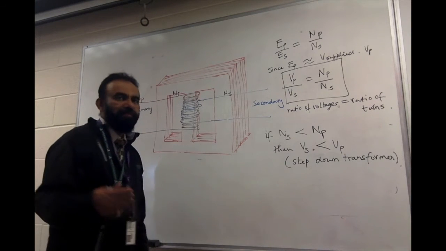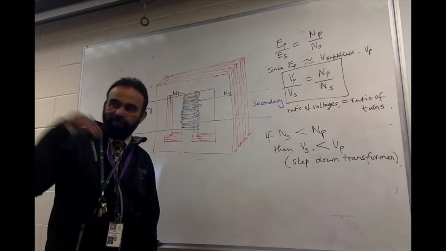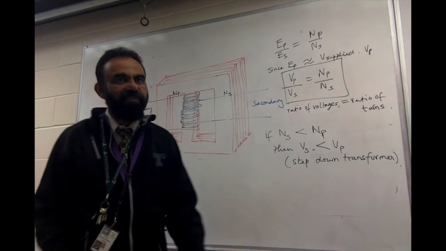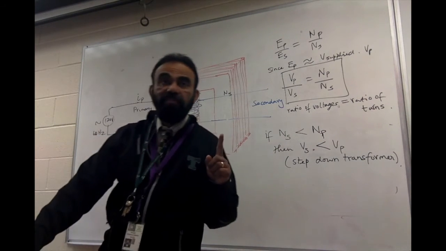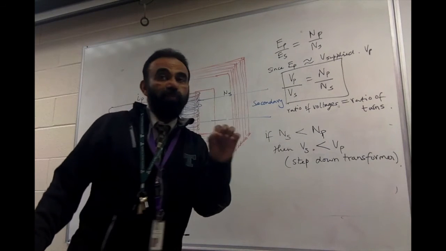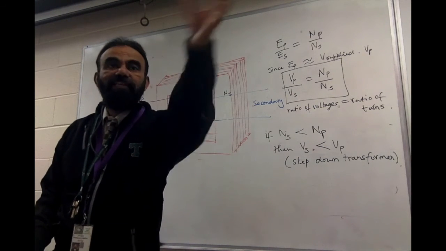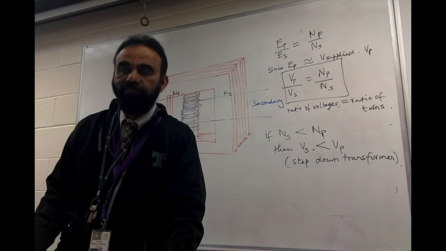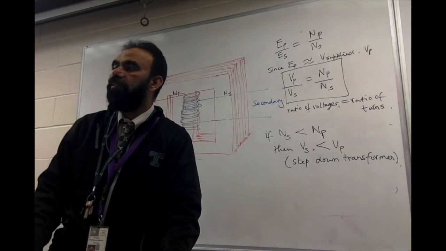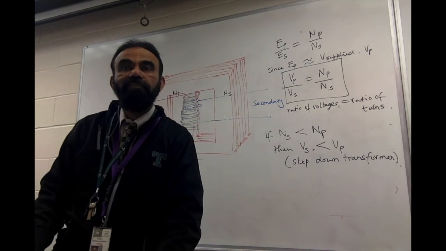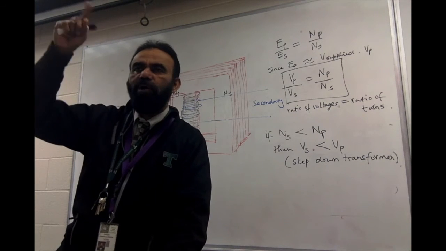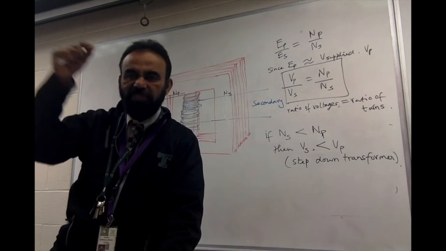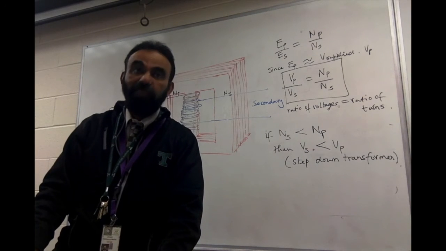So most transformers are actually the step down types because we use them for adapters, and AC is the most convenient way of transferring energy from one place to another place, or transforming energy. AC, alternating currents. Nothing better than that. That's why you have all the wires that are taking electrical energy. That's the best form of energy that can be transported.